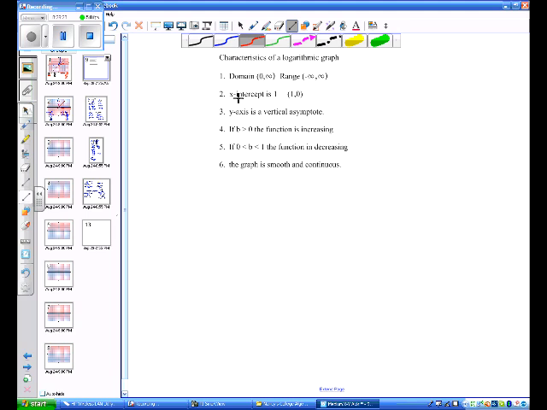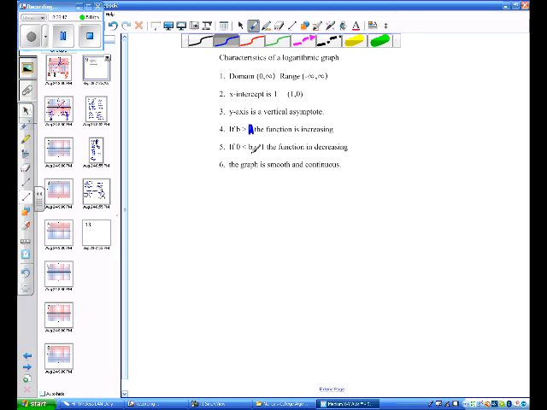On a logarithmic graph, the domain is 0 to positive infinity. On a logarithmic graph, our x-intercept is 1. On a logarithmic graph, the y-axis is a vertical asymptote. If our base is greater than 1, the function is increasing.